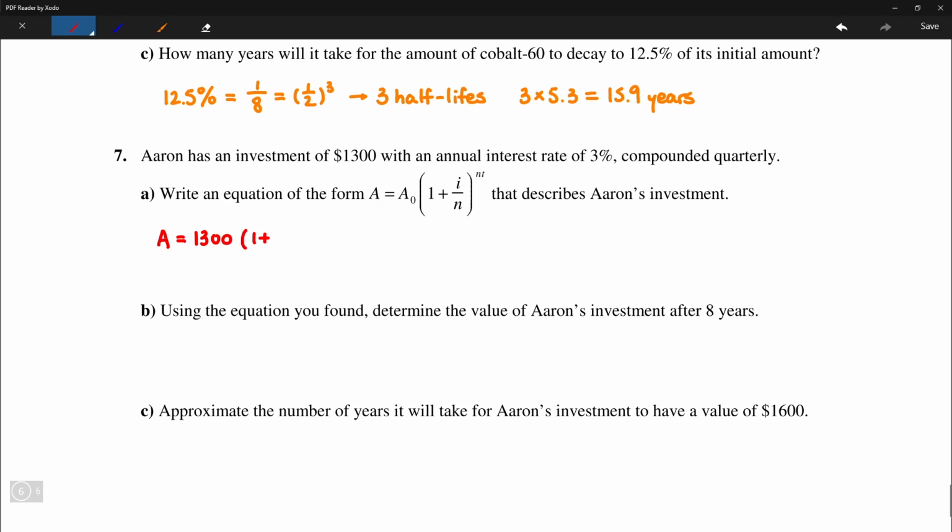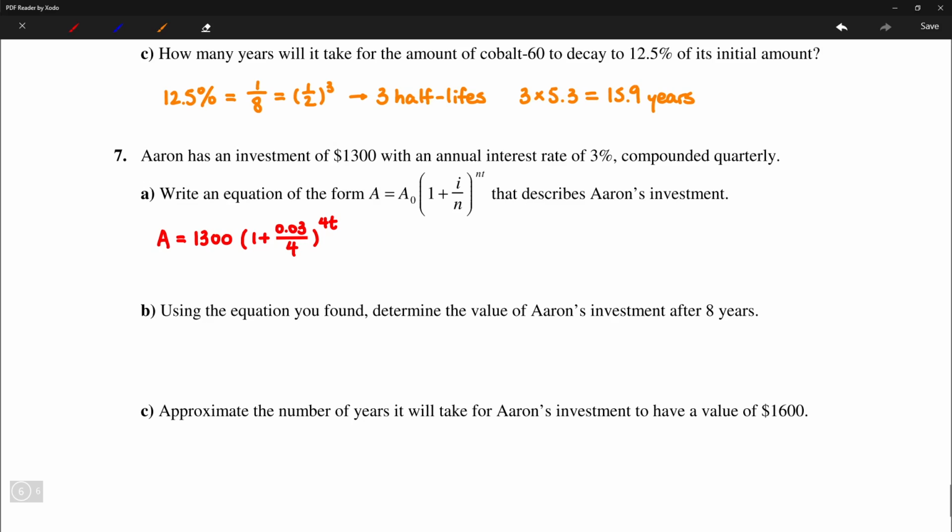We have 1 plus, and the interest rate is 3%, so 0.03. And it's compounded quarterly, so n is going to be equal to 4. There are 4 quarters in a year. And this will be raised to the power of 4t, which of course can be simplified.